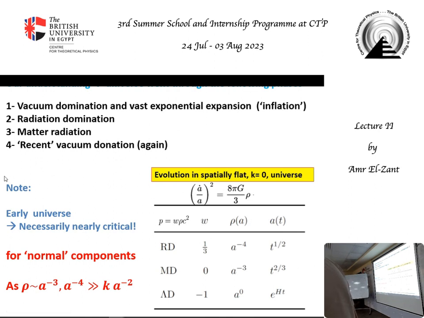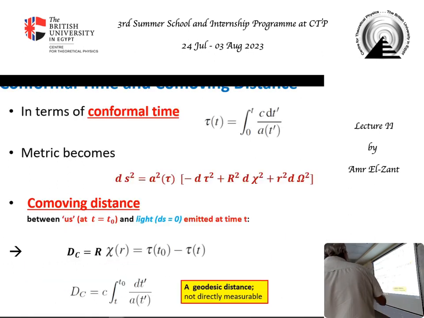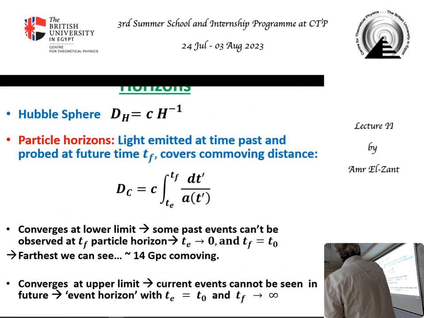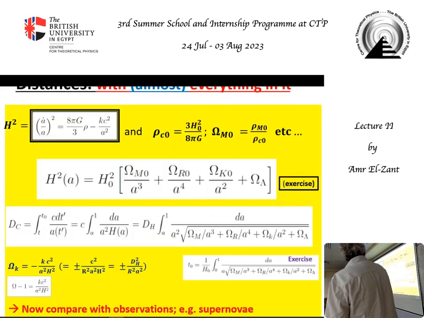Okay, so basically next time we'll speak about things like conformal time and comoving distance and try to get these distances from a theory. This is how you get your distance, and it looks scary, but it's not really difficult.